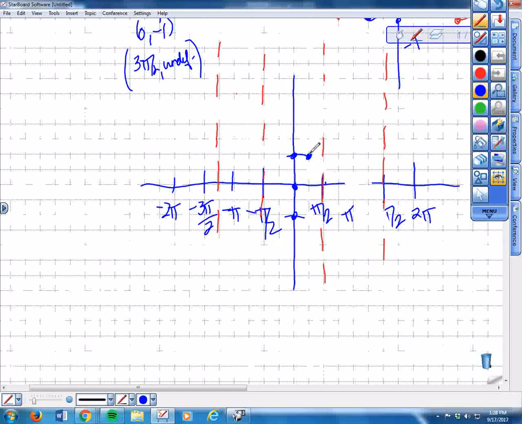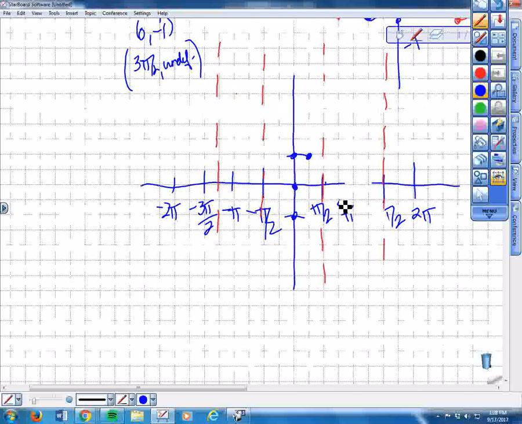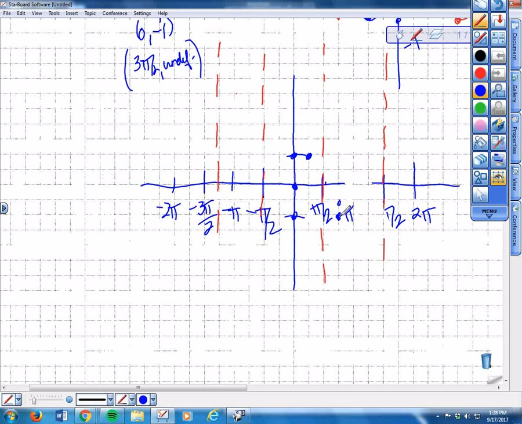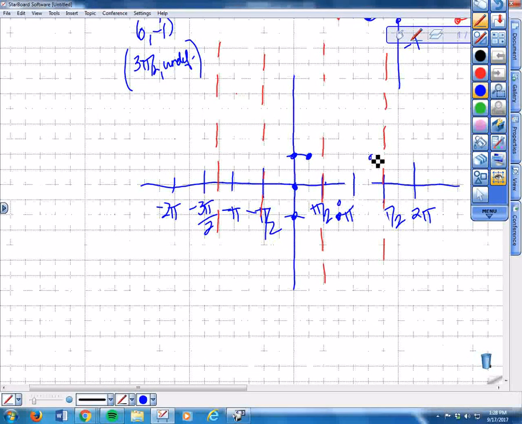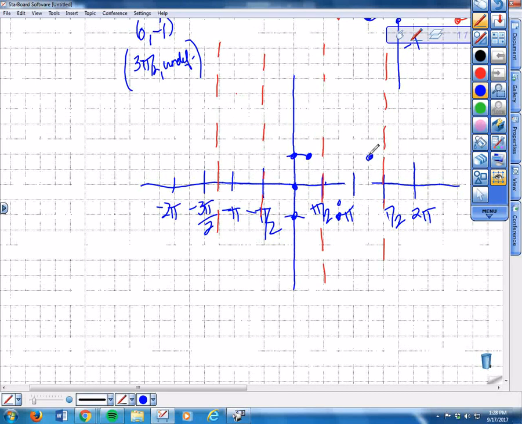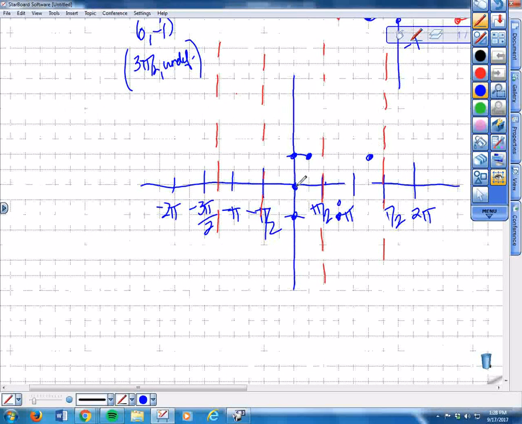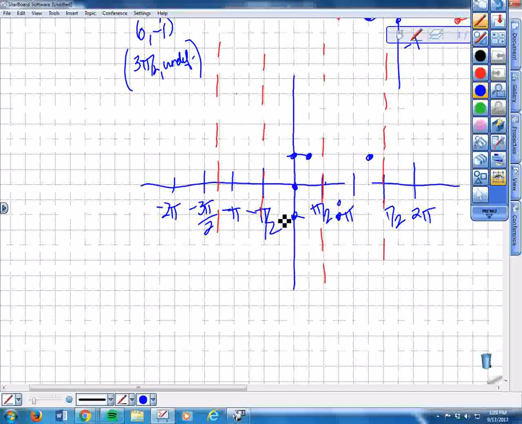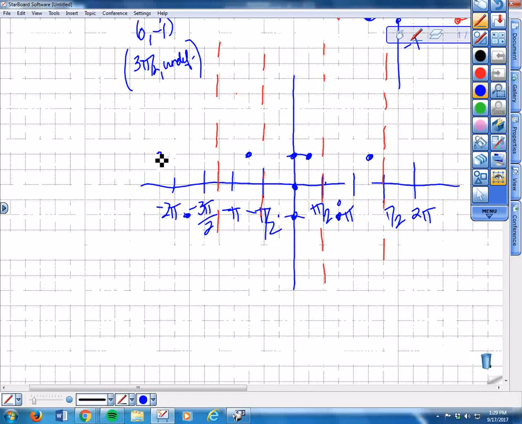And halfway between this one, it's negative 1. And we're back to 1 here. This is negative pi over 4, so that makes it negative 1, and positive 1, and negative 1, positive 1, and so on.